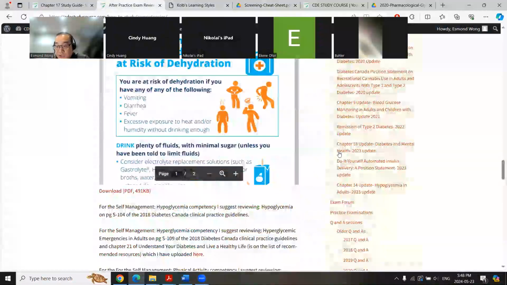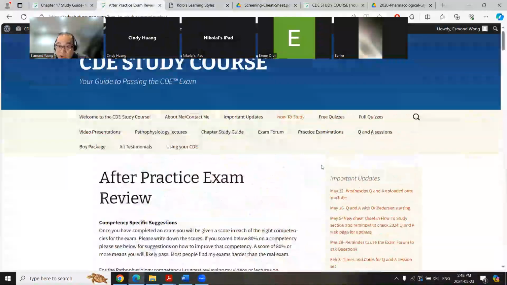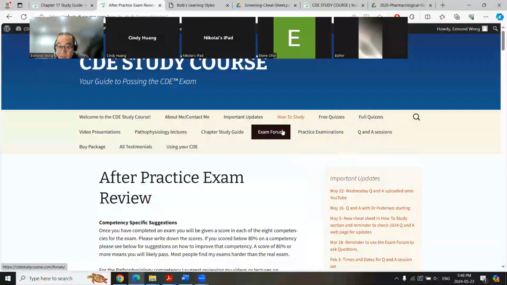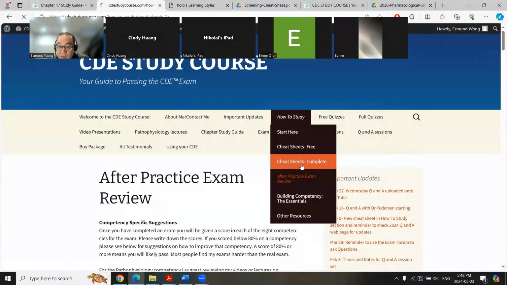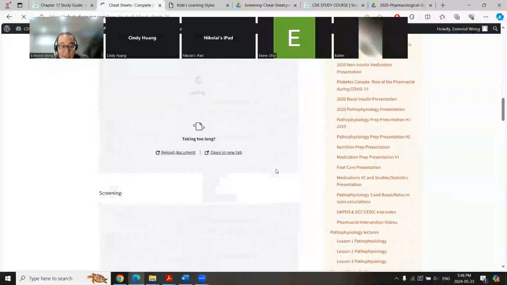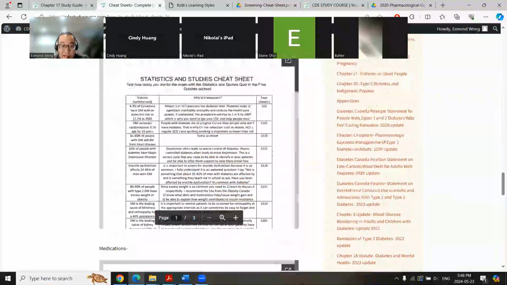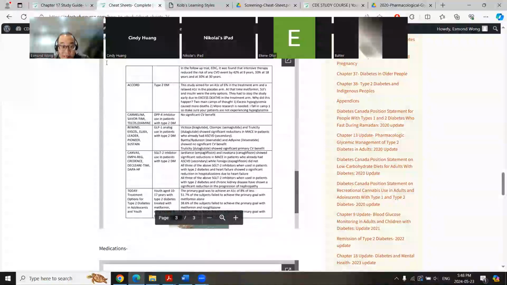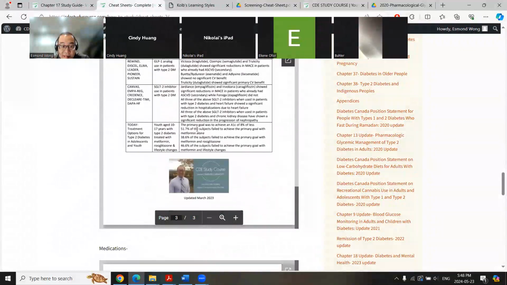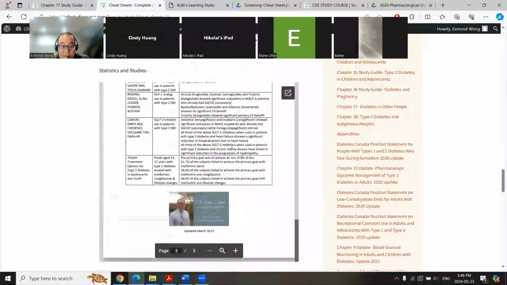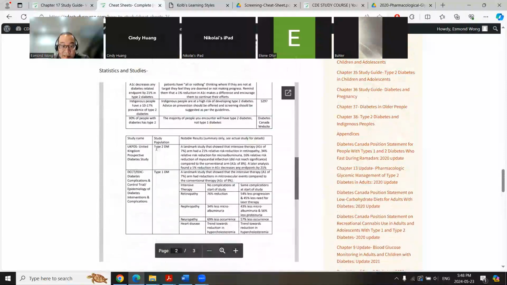Because research is one of the questions, I do have a statistics and studies/research cheat sheet, and it has a number of the studies like ACCORD and stuff like that, and the UKPDS and the DCCT. So this would be another resource to study from for that research competency question.